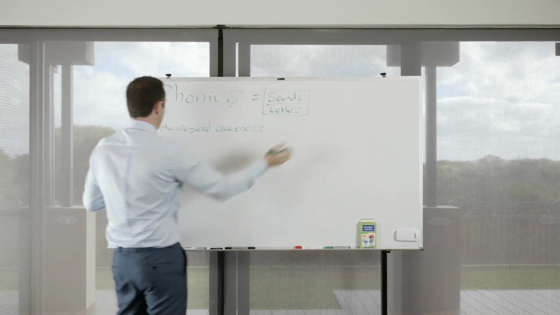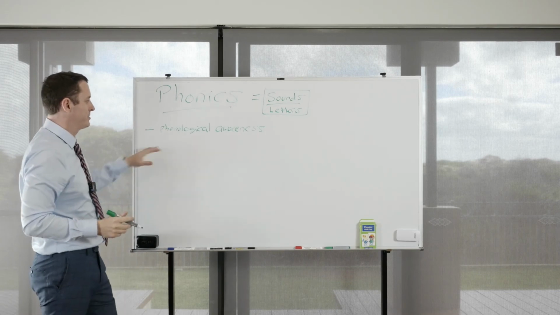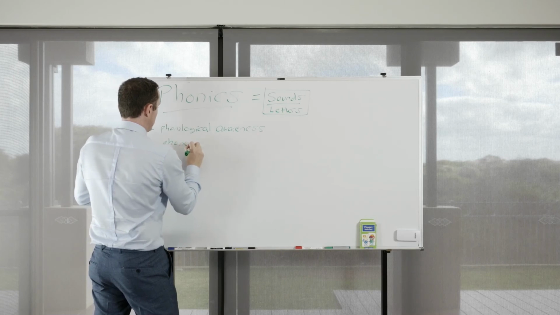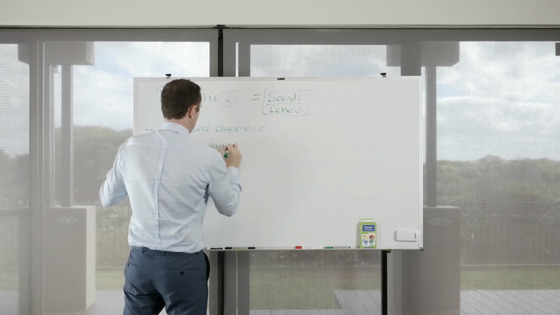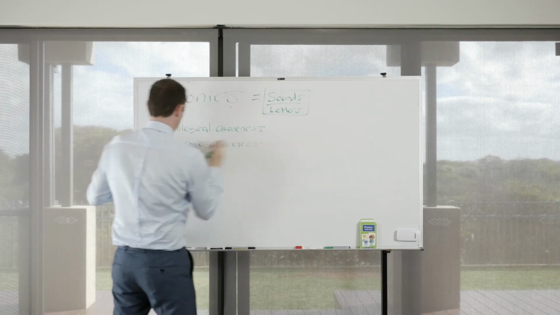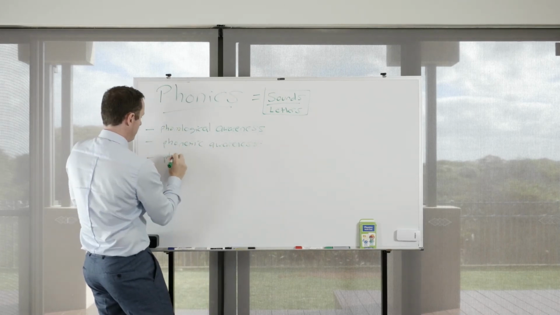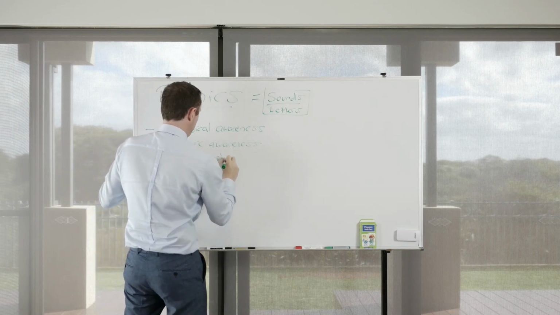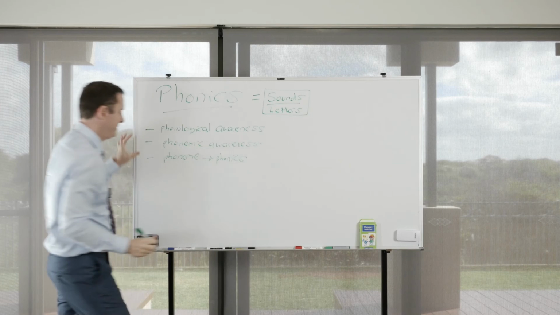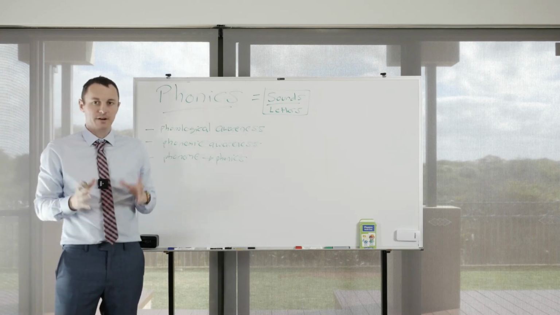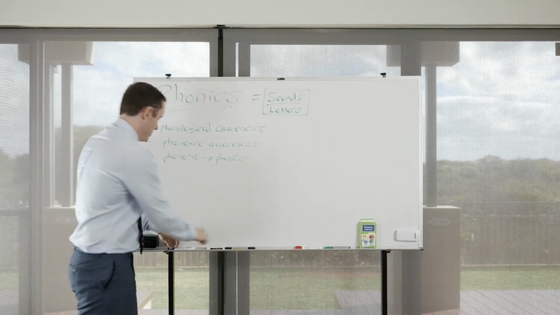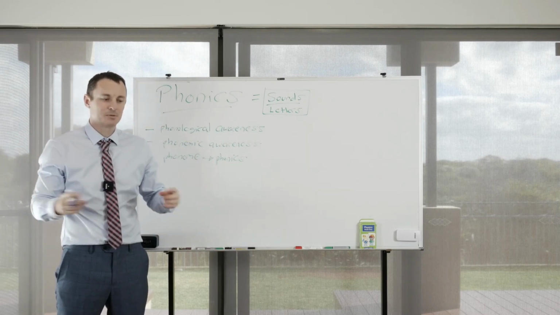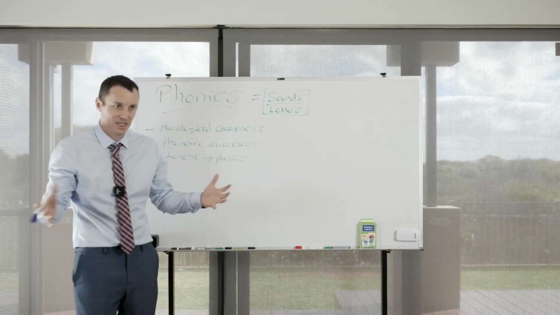That's an important term. And the difference between phonological awareness and phonemic awareness and phoneme, which is where phonics comes from. Now the difference between these in very, very simple terms is that phonological awareness, the very top one, is the bigger term that basically means working with different aspects of a particular language.